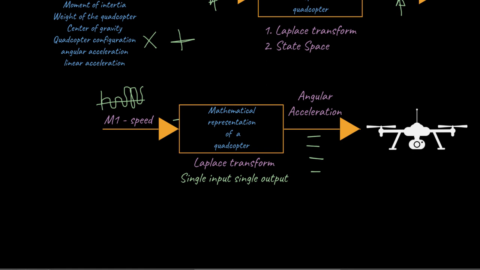This is how you go about designing a mathematical model of a quadcopter, because once you understand the mathematical model, the controller, which is controlling the speed of the motor, would know exactly what to do in a particular situation. When you say go up, move down, move left, move right, it'll try to keep the quadcopter stable by controlling the speed of the motor, because it understands how the quadcopter is behaving. Without understanding how the quadcopter behaves, it would not know how to change the speed of the motors so that it's stable. That's the reason why we need the mathematical model.